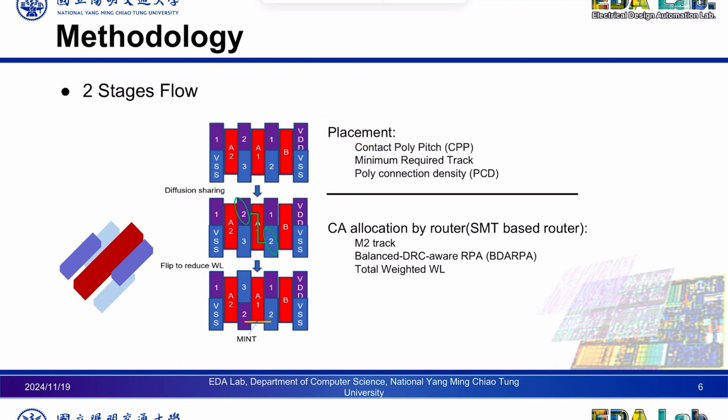And in the cell routing stage, we decide the shift position and the contact allocation by the router, for which we use an SMT-based solver to optimize the routability and pin accessibility in the routing part.